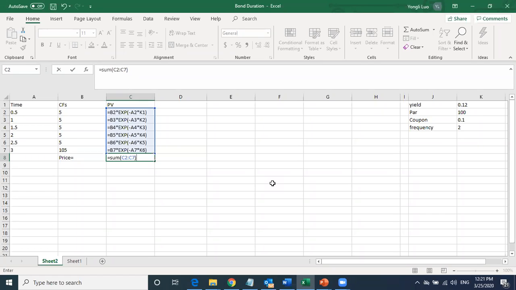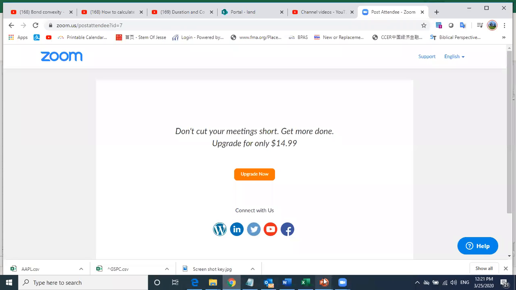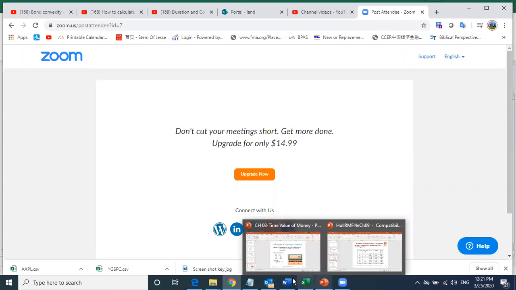Yeah, at maturity, so we have the par value added to it. Okay, now you sum them up. So this is the bond price. So the bond price is 119.1.